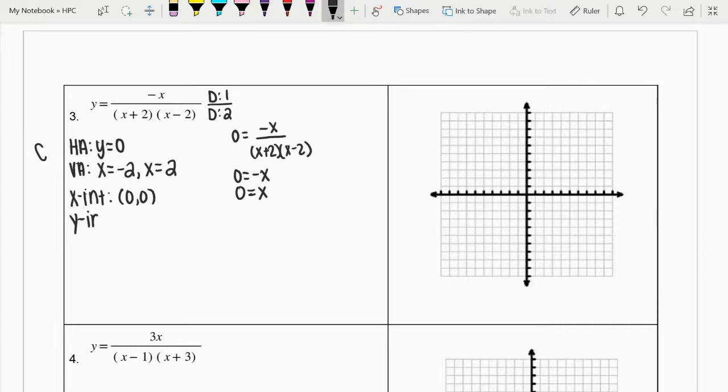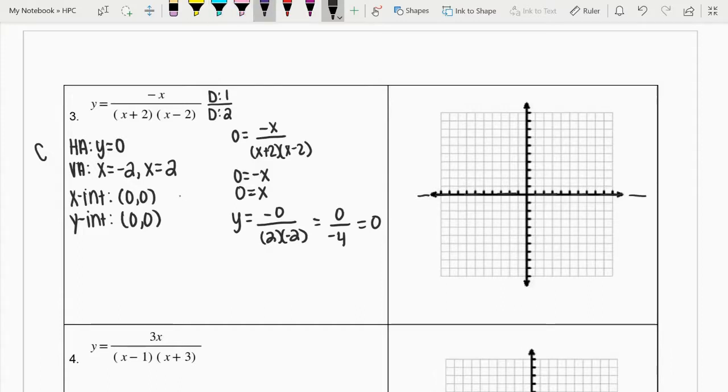Then we can find our y-intercept. That's going to be y is equal to -0 all over 2 times -2. So it would be 0 over -4, which of course just equals 0. So my y-intercept would be 0, 0 as well. So my horizontal asymptote at y equals 0, put that in.